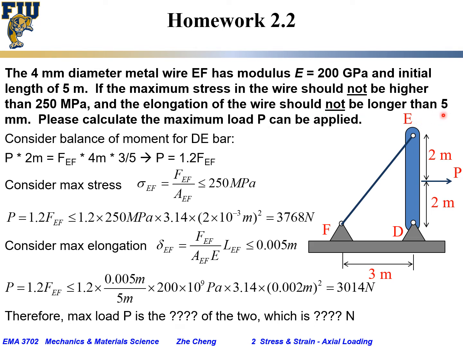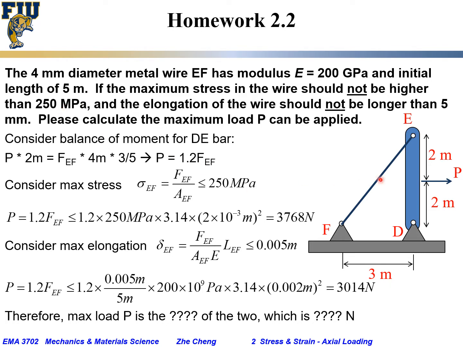We want you to calculate the maximum load P. P is here, pulling, the maximum load P that can be applied. As you can imagine, when you apply horizontal force P in the midpoint, the wire will get stressed. As a result, there will be tensile stress within the wire, and we want the stress not to be higher than 250 megapascal.